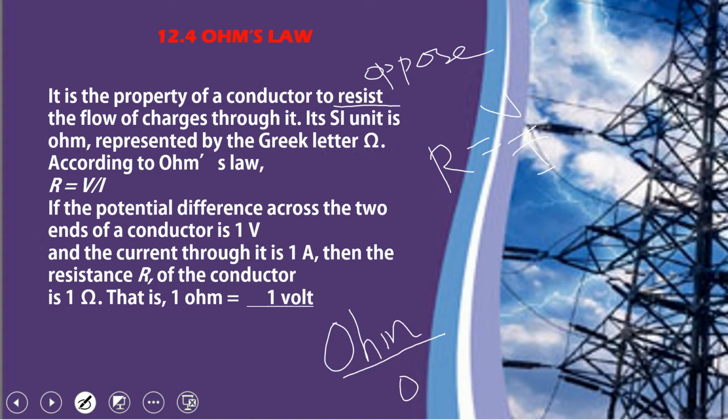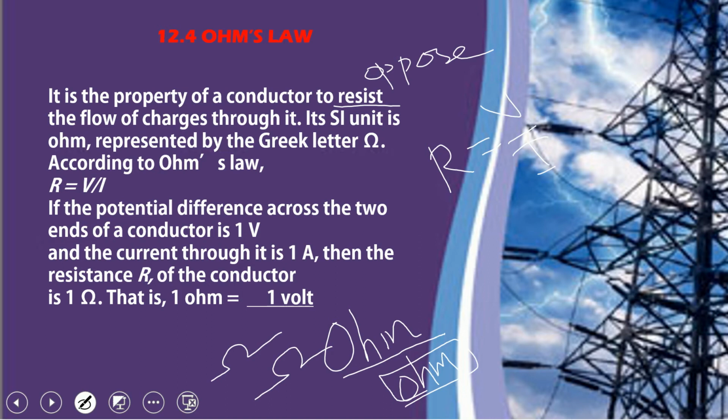If the first letter is written small, you must understand that it is a unit. So ohm is the unit, and it uses the Greek letter, written like this. Omega actually it is, in Greek it is known as omega. So omega is used for ohm.